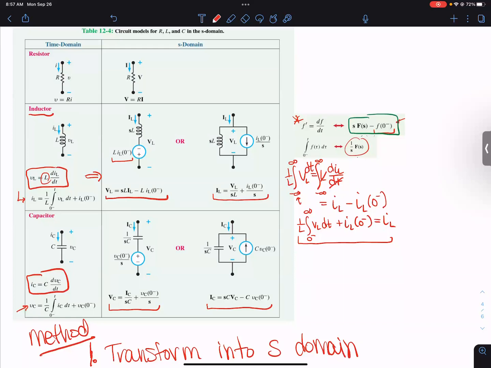I was just going to ask about the S domain. When you say VC equals all that stuff as an equation of S, does that mean we can still use the voltage laws and Ohm's laws in the S domain too? Yep, Ohm's law is just going to be, you treat the value of the impedance for the inductor as SL.